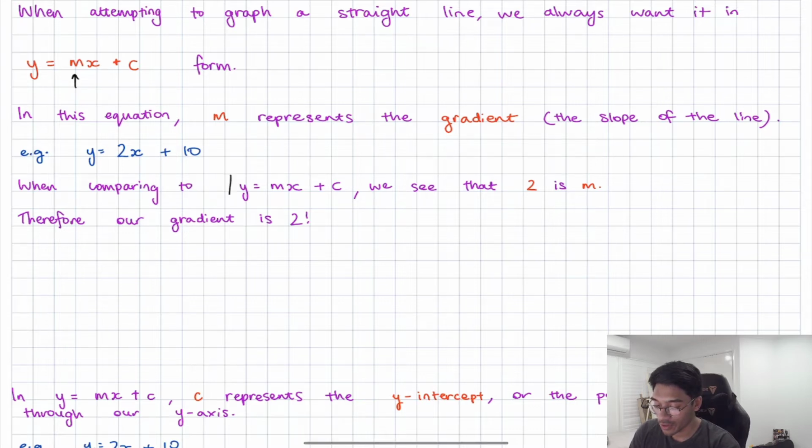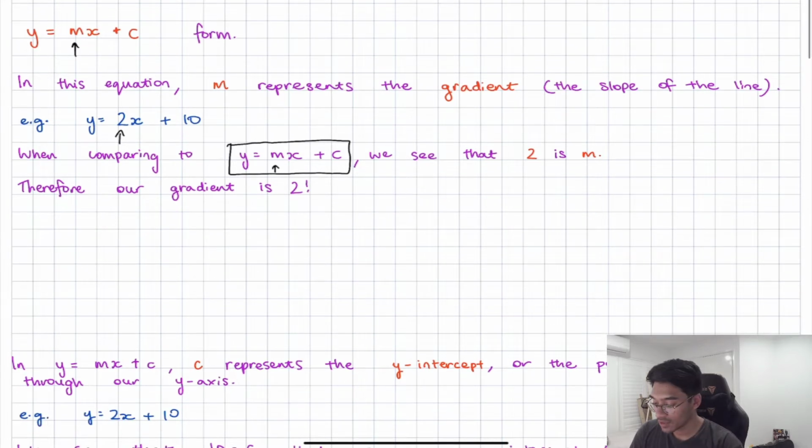When we're comparing it to our y is equal to mx plus c form, because remember, that's the equation of a line, we can see that the 2 is in the same spot as m. That means our gradient is 2. So that's the first thing to note.